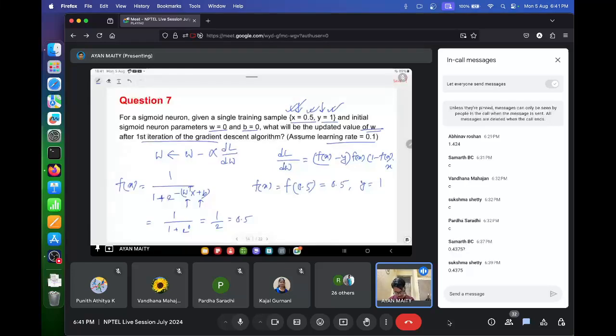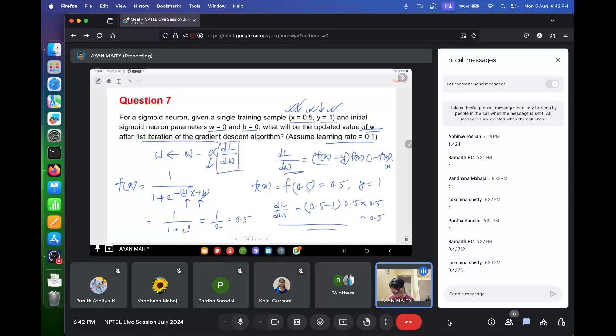Now we can put these values into this derivative equation. dL/dw is (0.5 minus 1) into 0.5 into 0.5 into 0.5, and the learning rate alpha is 0.1 and the initial w is 0.